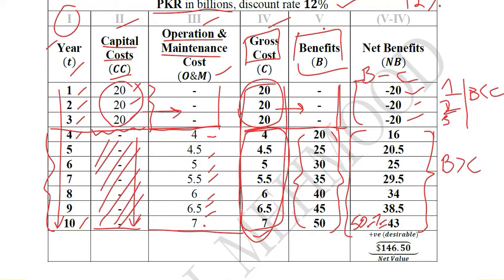So we have a simple process in which we can vertically add them, and here you can see we have vertically added them, and the answer is 146.50, which is suitably known as the net value, because it's a value, and it is the net value because we have done the subtraction, that is B minus C. So it is the net value, and since it is positive, it is desirable to undertake this project as per the recommendations coming out of this value. So as per this calculation, we can say that the project is desirable.